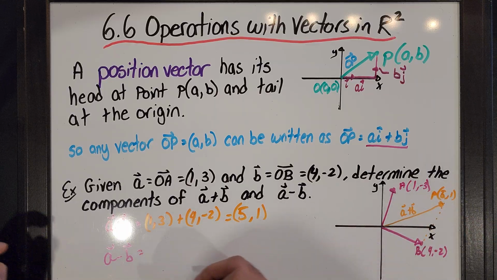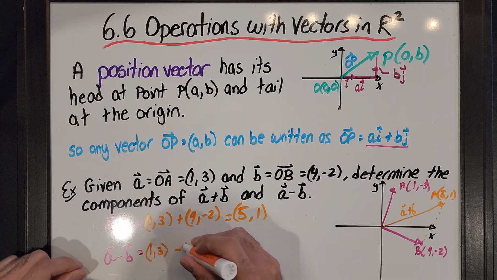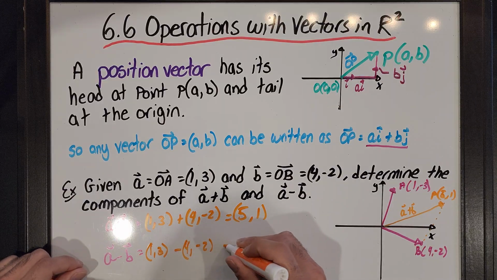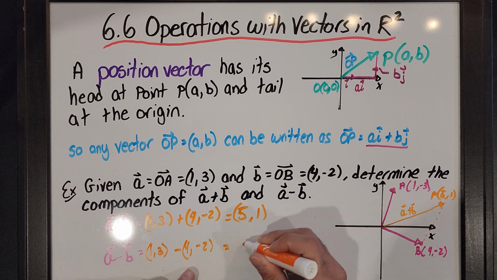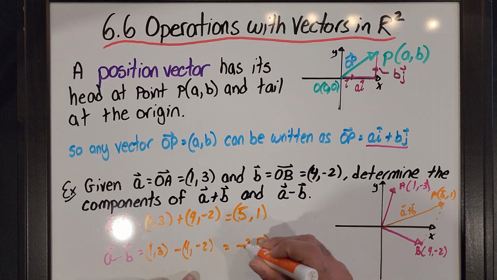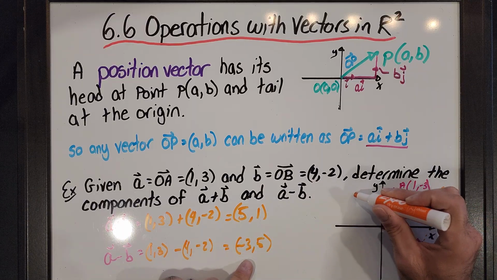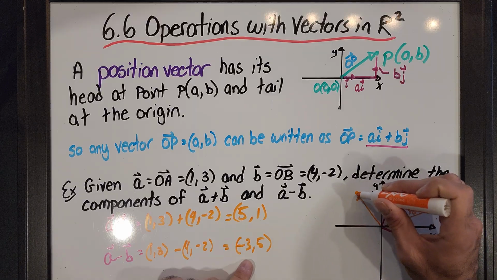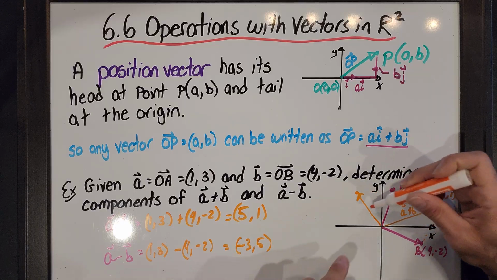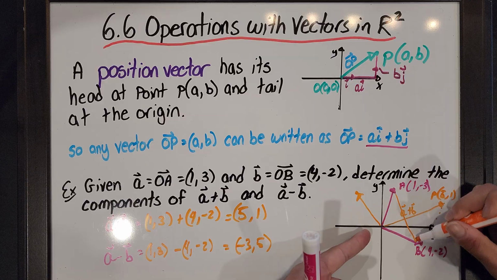Over here, A minus B, take a look what happens here. So we're going to do 1, 3 minus 4, negative 2. And we're going to get negative 3 and 5. So look where negative 3, 5 is. It's over here somewhere, right? This is my A minus B. This is the same vector, I know it's not to scale, as A minus B over here.